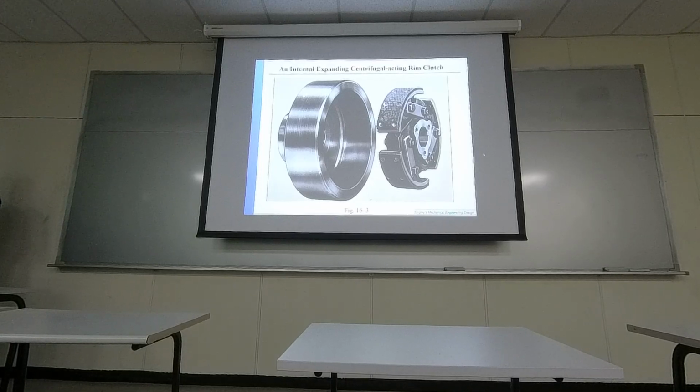So if you have a motor on the right hand side, you can then drive the left hand side, because the friction between this clutch and the outer ring allows you to transmit the force from the right to the left. But you have wear on those materials.